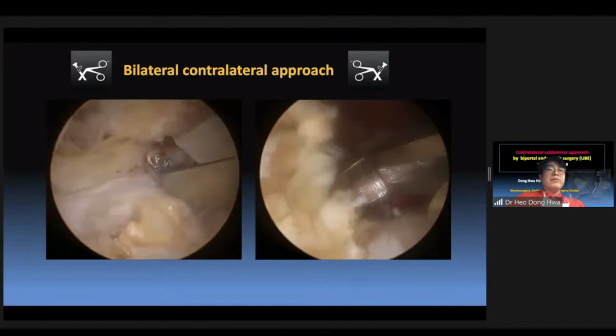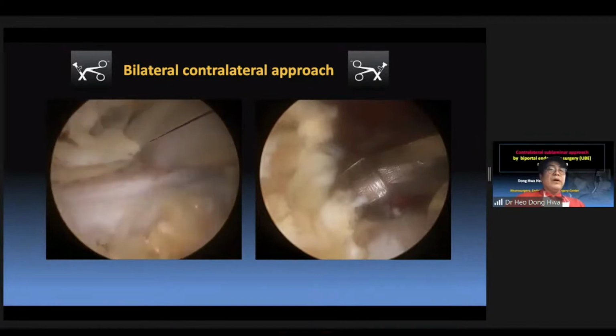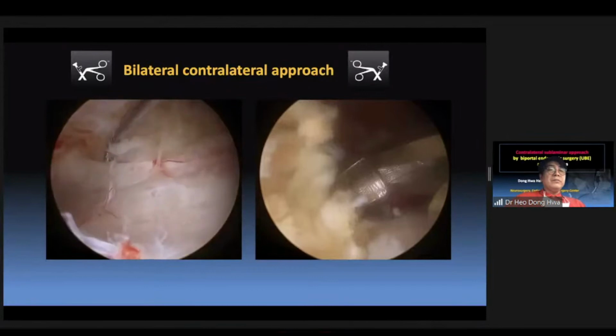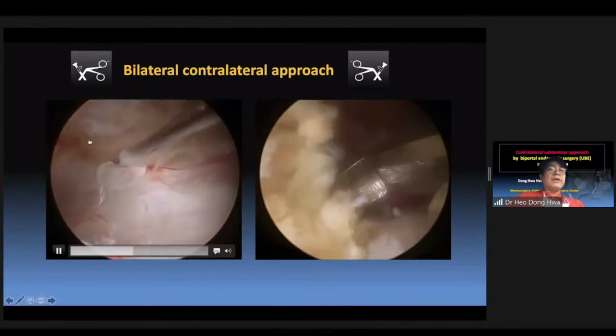Dissection between the plane, the dura, and the ligamentum flavum. And you can see the L4 external lobe root, and you can also see the ruptured disc herniation here.